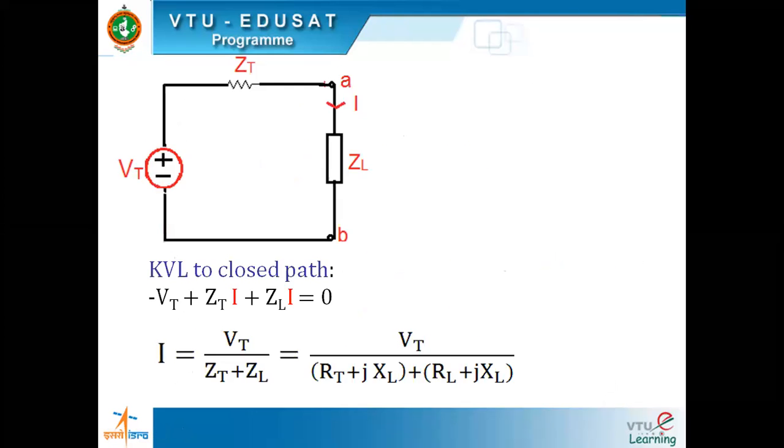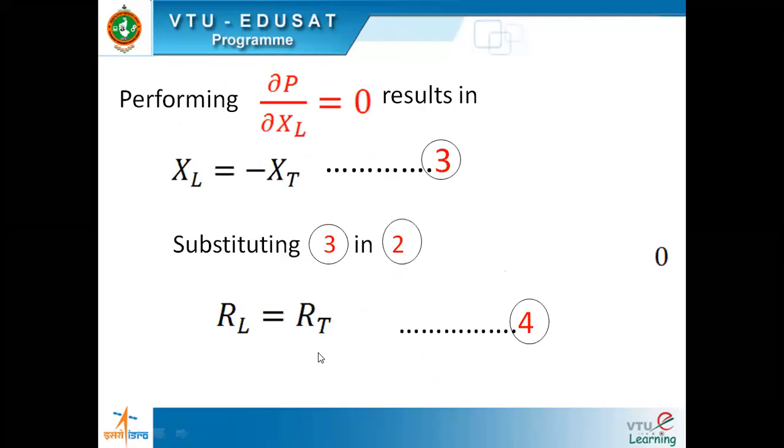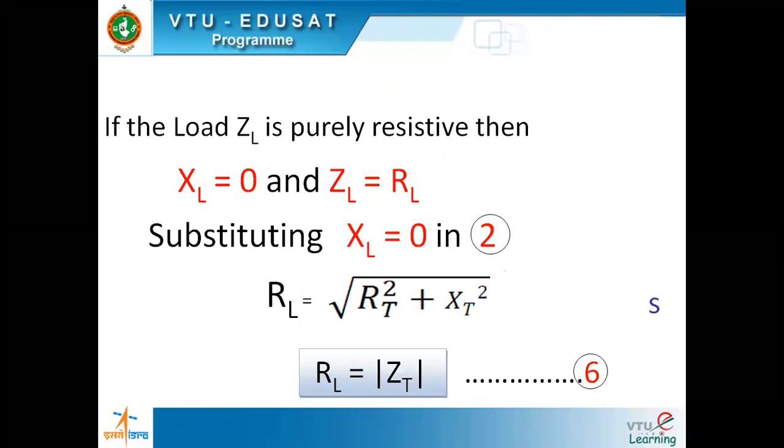Here is your ZT. If this is ZT, what is the square root of RT square plus XT square? It would be the magnitude of ZT. So that is another condition.